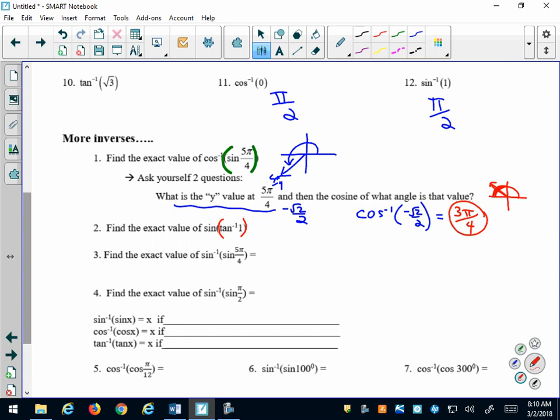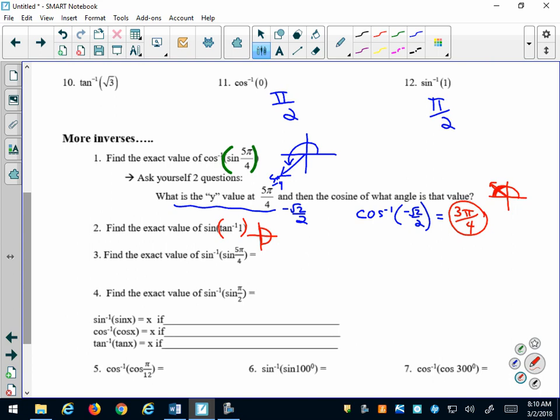Well, inverse tan, I'm thinking these two quadrants. Tangent is positive. So which quadrant does it have to be in? First. And if it's 1, that means it was the same thing over the same thing to get that 1.